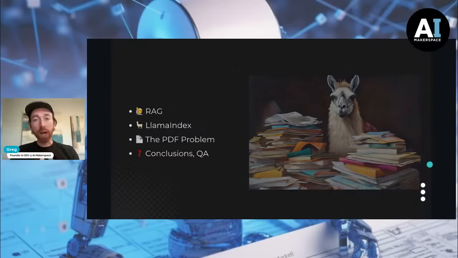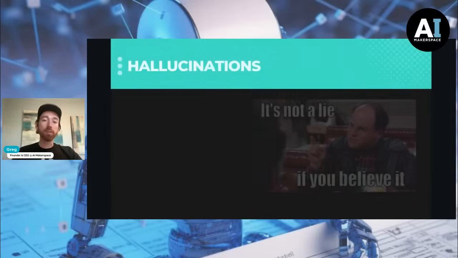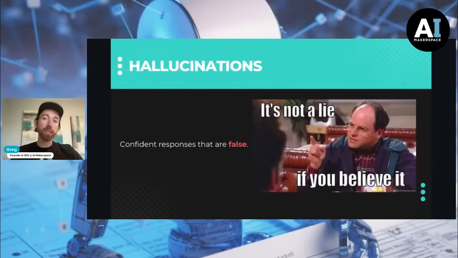So RAG, it's important to put this into perspective as we get started. It's trying to solve the problem of hallucinating that LLMs have. They're confidently telling us things that are false. This makes people very uncomfortable, especially in enterprise. And the way to solve this is the same way we solve it in real life.